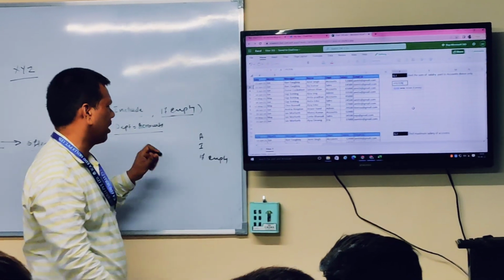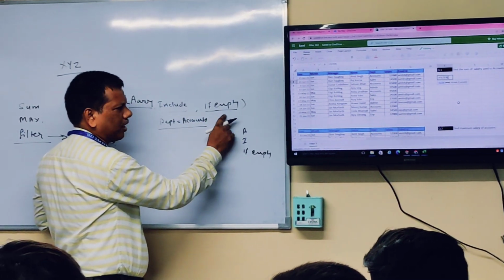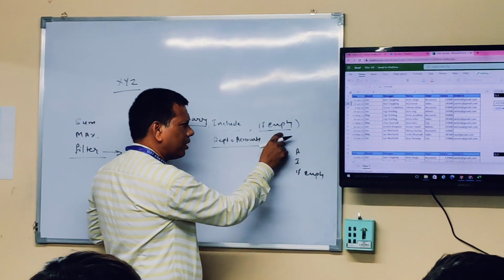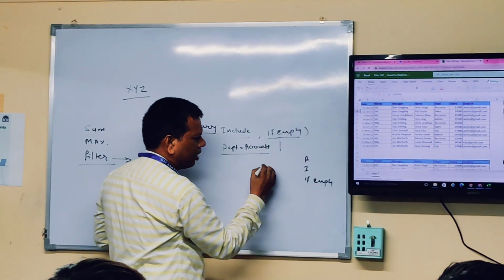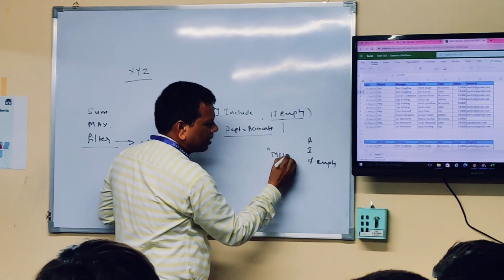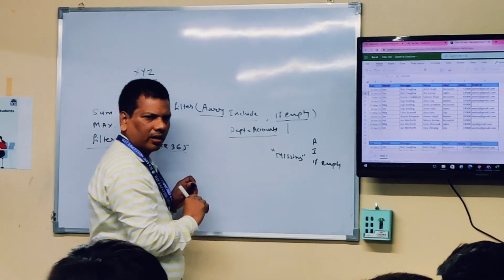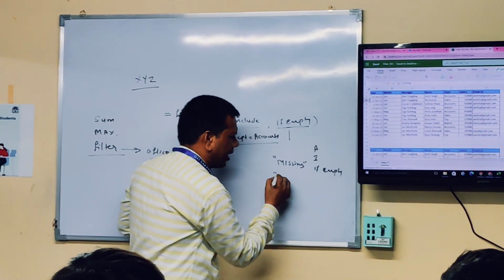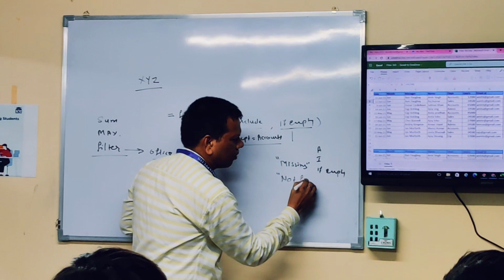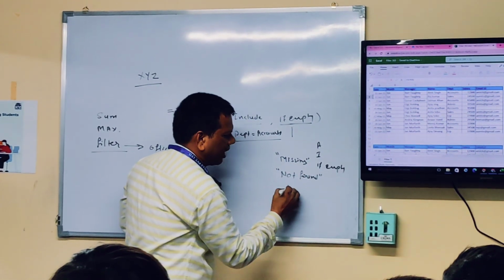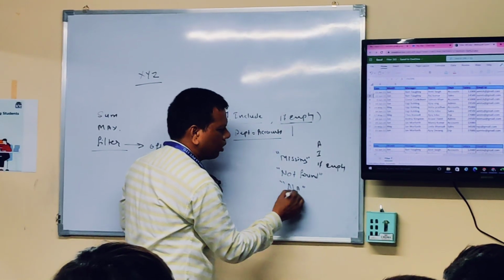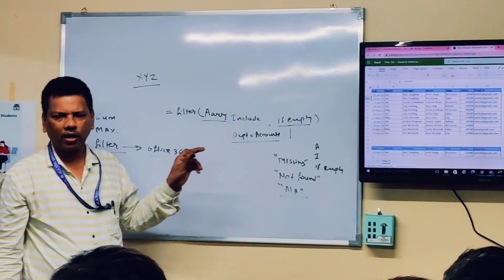No. If it is not there, then what message do you want to display? If empty, so I am saying if it is empty, you can write missing. Or somebody will write not found, somebody will write not applicable. Whatever you want, you can write into this.